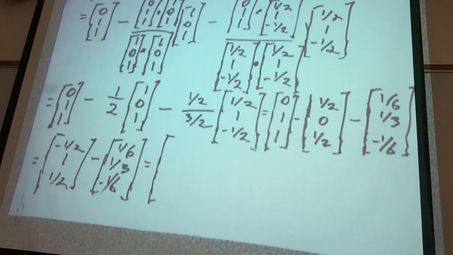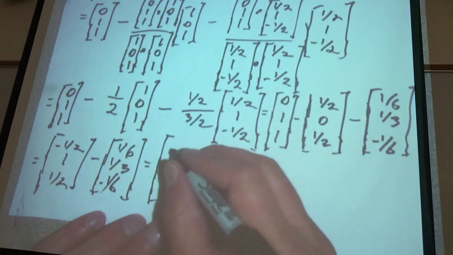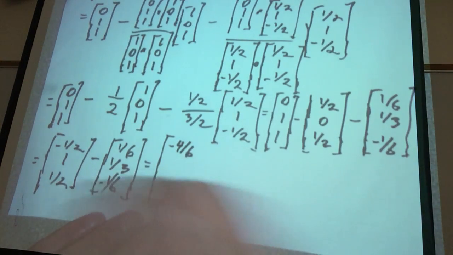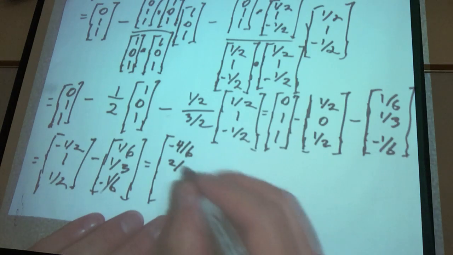Now, negative half minus 1/6. You can think of this as negative 3/6 minus 1/6. You know what, let's do it in a couple steps. Negative 4 divided by 6. Now 1 minus 1/3 would be 2/3.